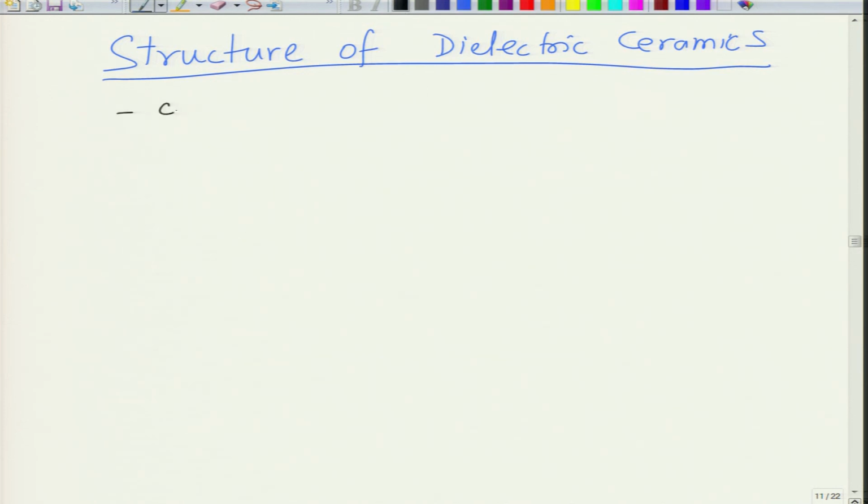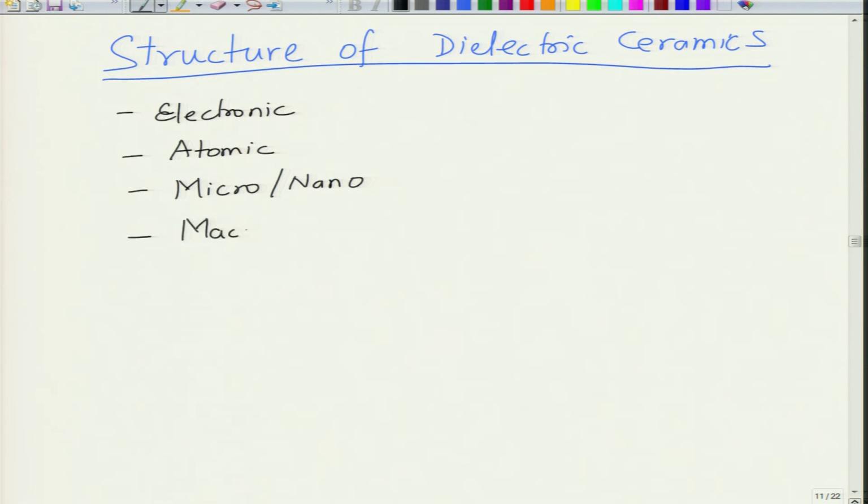You can have electronic structure, which is the structure at the electronic level. You have atomic structure, which is the structure at the atomic level, and then we have structure at the micro or nano level, which is basically microstructure or nanostructure, and then we have what we call macrostructure.